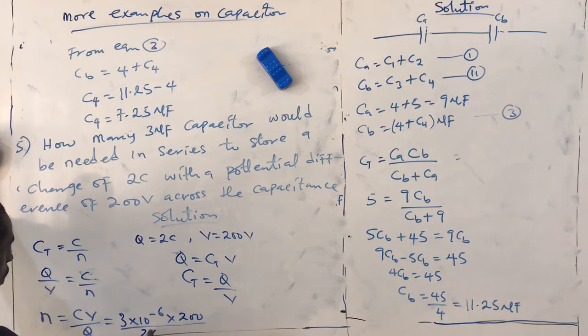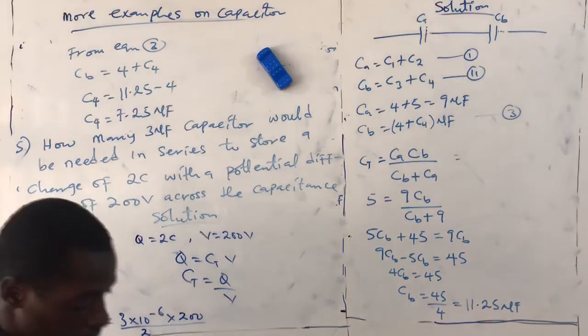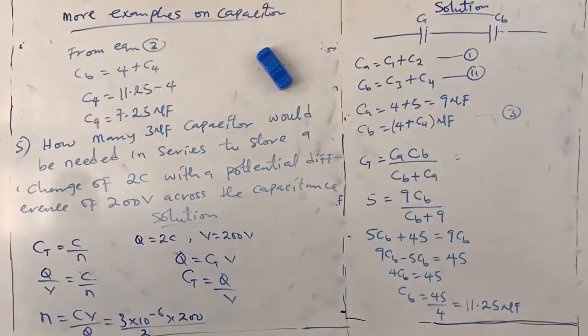That is 2, sorry, it's just 2. Now, if I press this correctly, we are going to have 3 times 10.